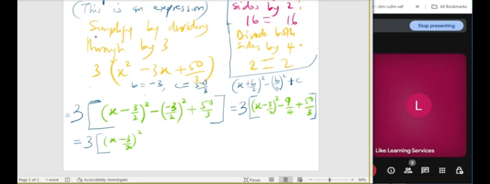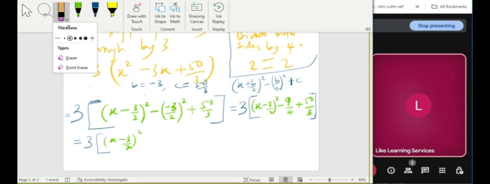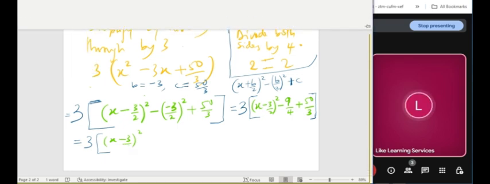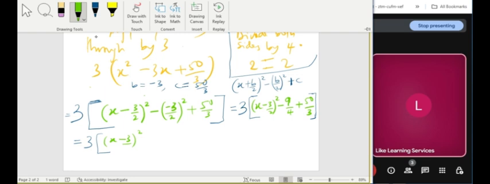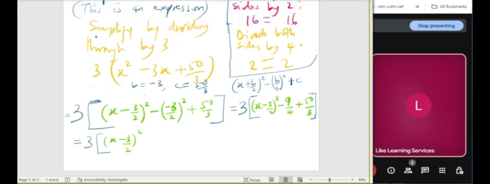The LCM is 173 over 12. Plus or minus? Plus. Okay. All right. So let me write this again. That's plus 173 over 12, you said?